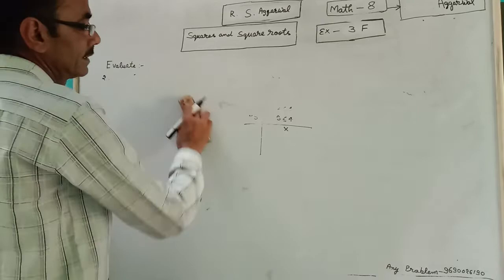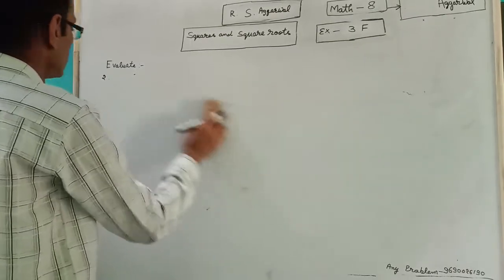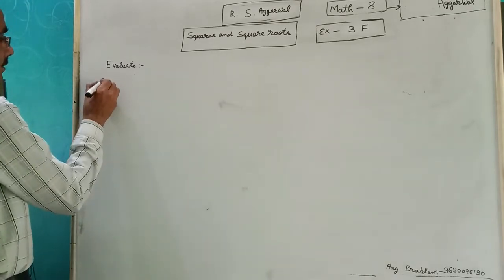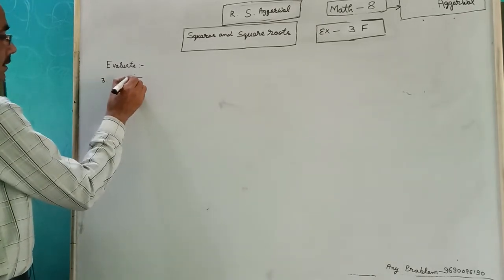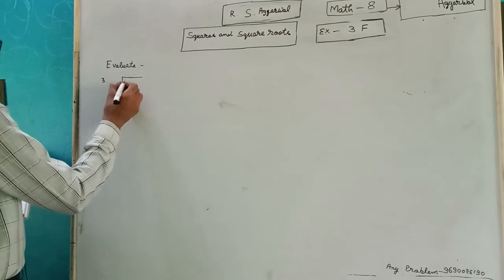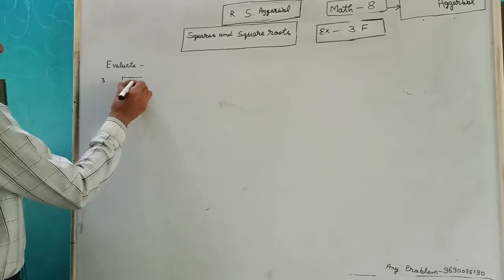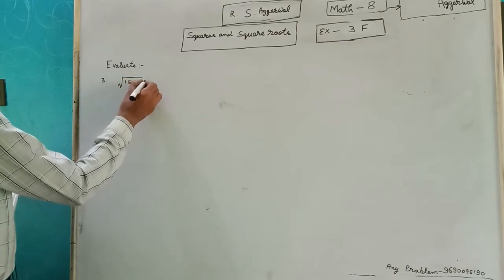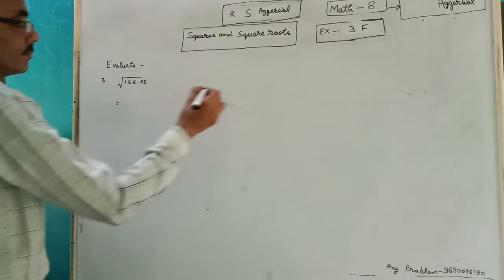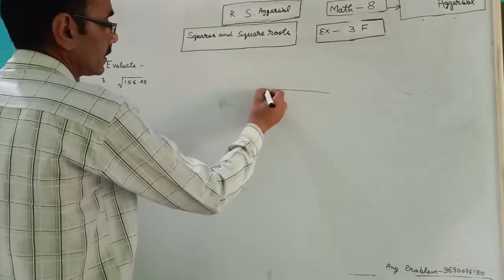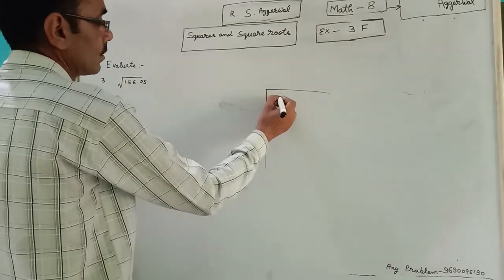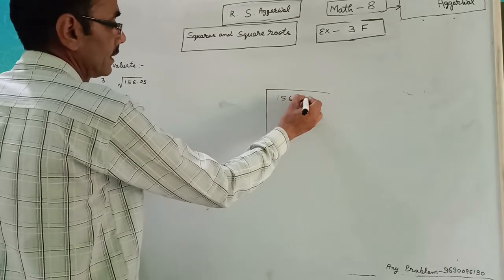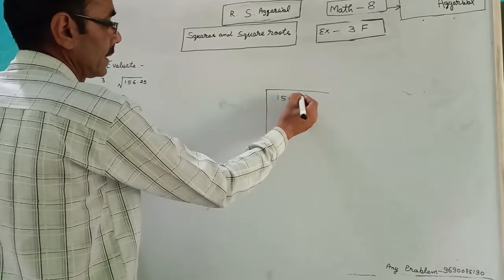Third question is 156.25. We find the square root. Make the pair.